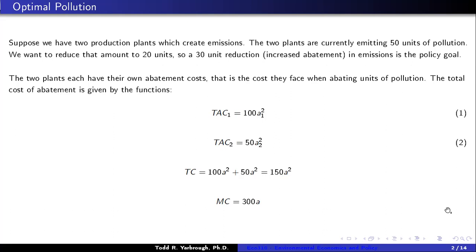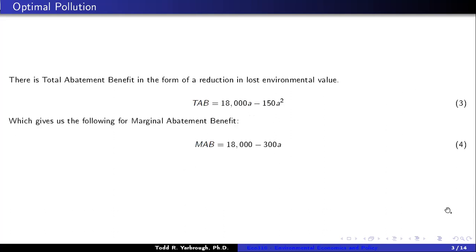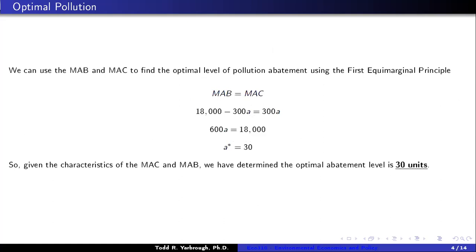Here is the total abatement benefit that society faces from the reduction of this pollution, which we then use to compute the marginal abatement benefit function. And if you will recall from the first equimarginal principle, the optimal level of something is found when the marginal benefit is equal to the marginal cost.